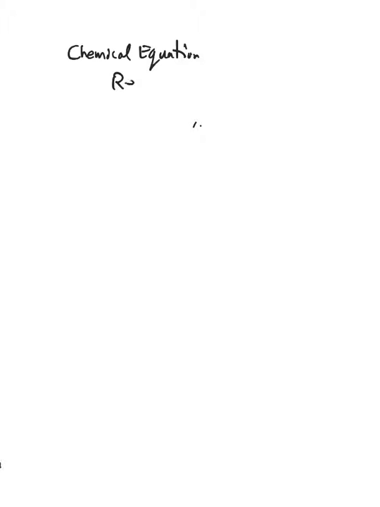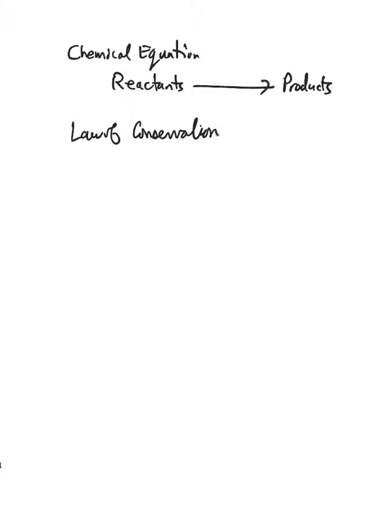We're going to start out with some reactants, and they're going to undergo some sort of changes in the course of a chemical reaction to make our products. Atoms are going to rearrange to make new molecules. When they do this, they follow the law of conservation of matter.